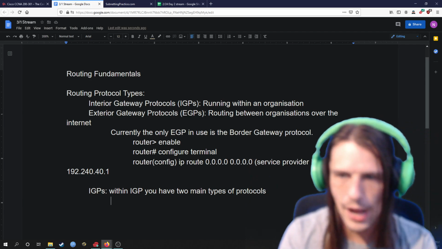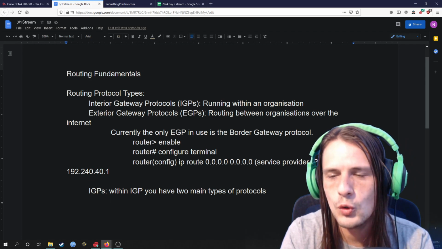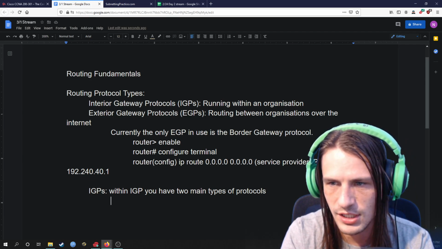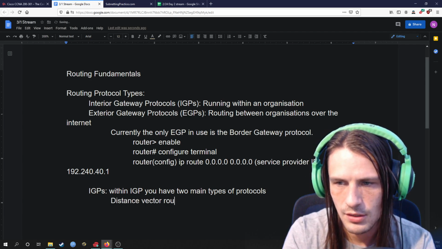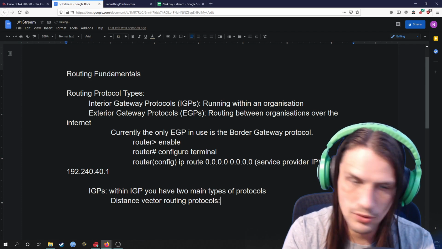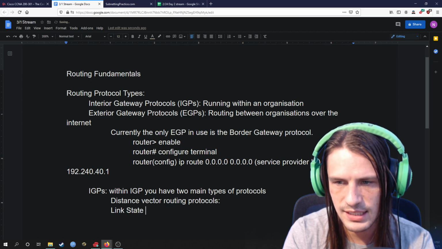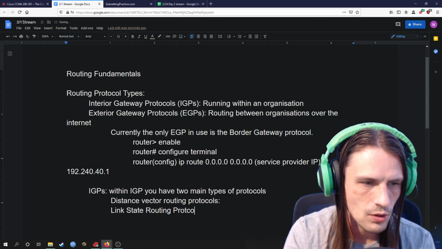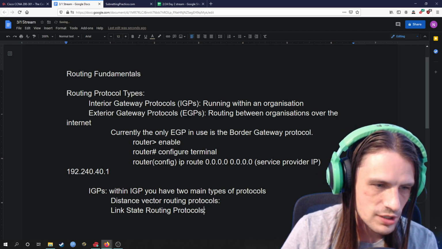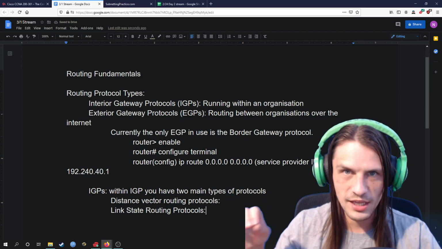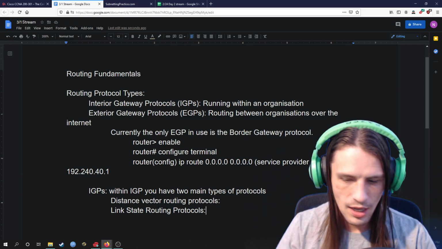Sometimes it's just like, wow, impressive. So again, we have two main types within your interior gateway protocols: distance vector routing protocols, and link state routing protocols. There are multiple protocols that fall within each one of these. It just keeps going and more keep folding in.